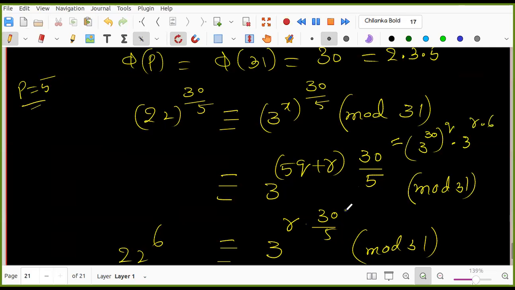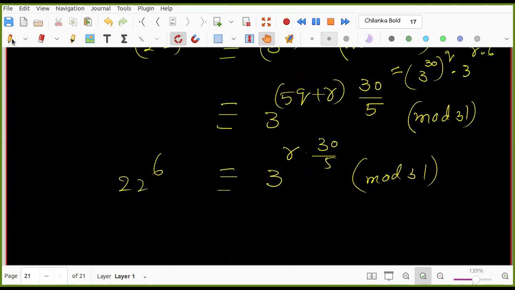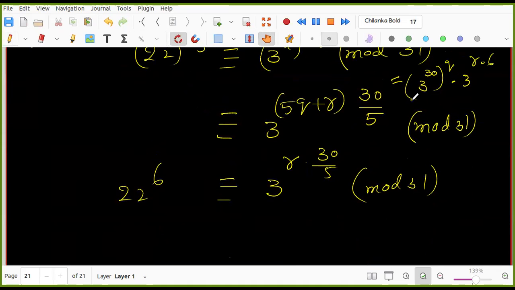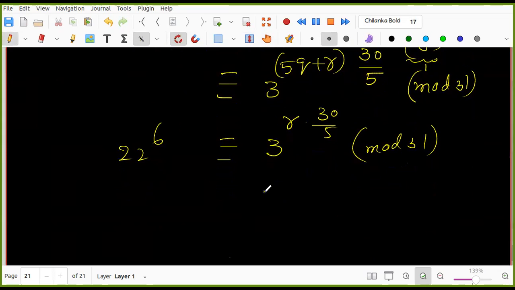But 3 power 30 is 1, by a power p minus 1 where p is 31. So I can also write this as 6 only, so that it is not a big problem to understand from here to here.